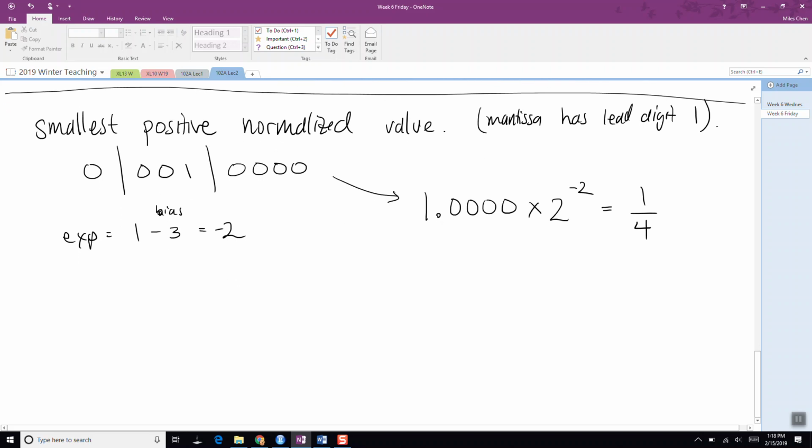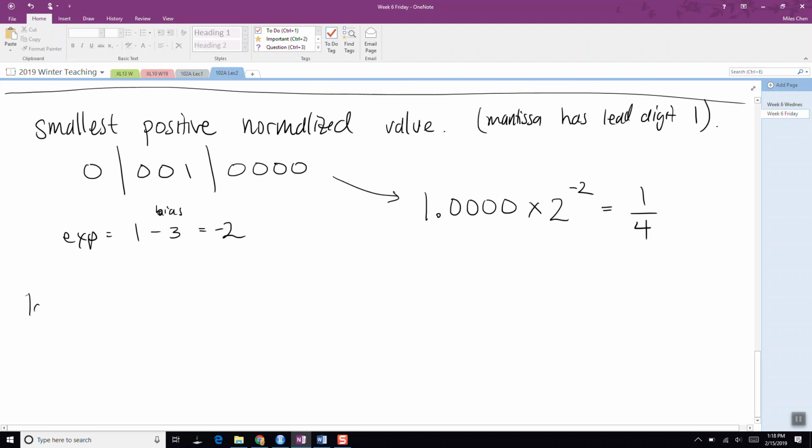Okay. In order to keep things in a continuum with continuity, we modify, so our exponent is 2 to the -2.